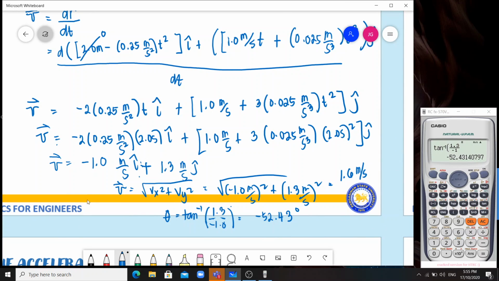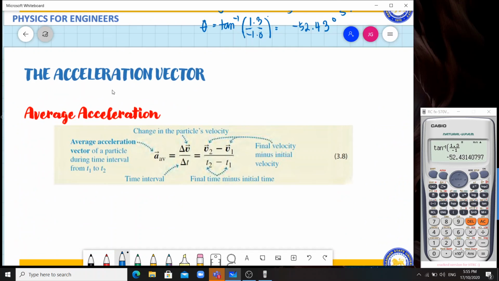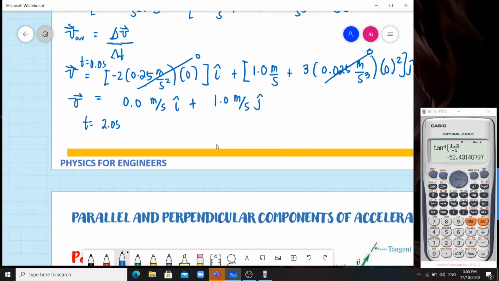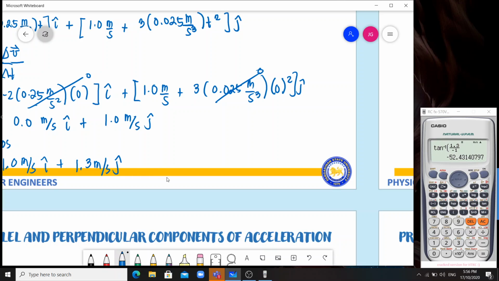Ito, negative 1.0 meter per second i plus 1.3 meter per second j. So, hanapin natin yung average acceleration by getting the delta V.